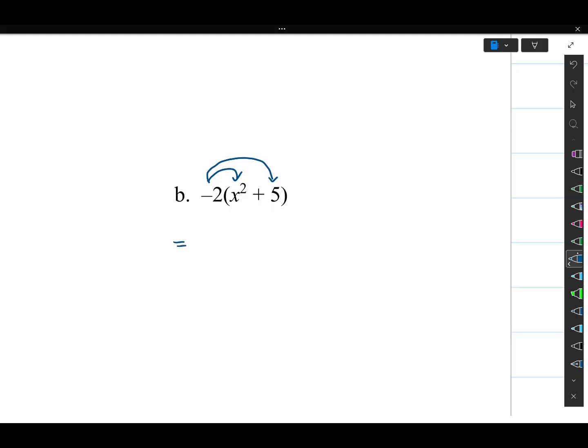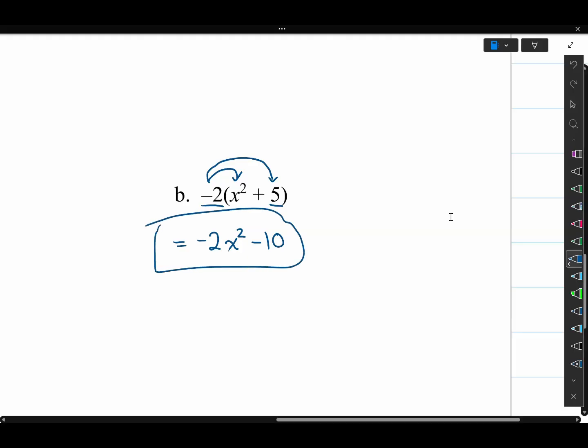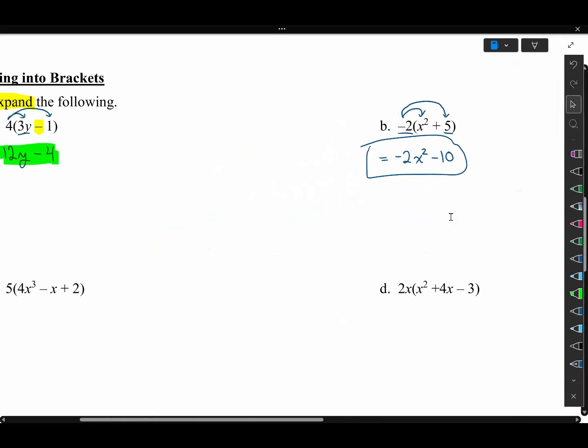Okay, well, negative 2 times x squared, one of these is just a number, the other is just a variable, so we're just going to combine these together. That's negative 2x squared. Next, negative 2 times 5. Okay, both of these are numbers. Negative 2 times 5, I can throw that into my calculator, negative 10. So I'm working with negative 2x squared minus 10, and that is I took something with brackets and wrote it in a way that has no brackets.